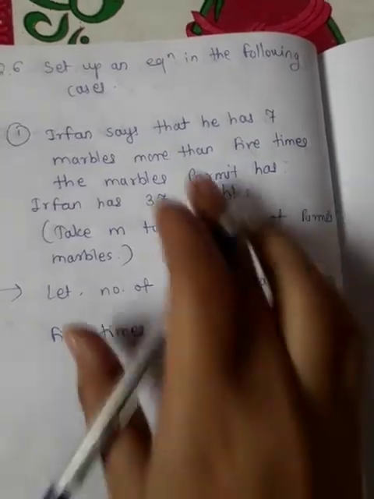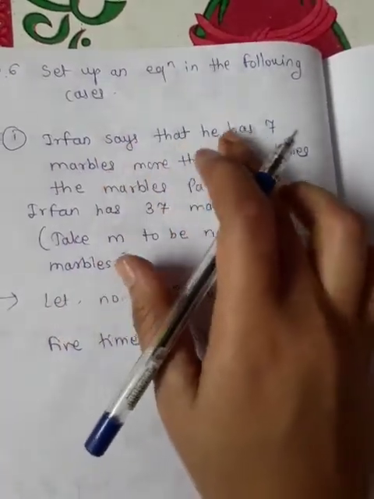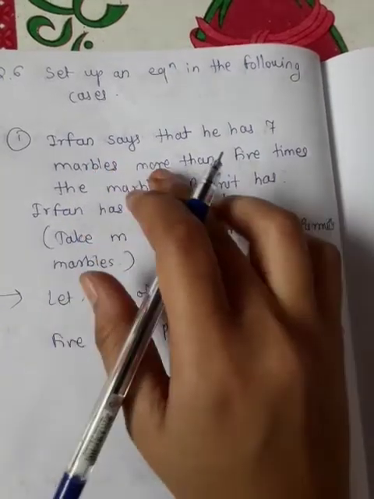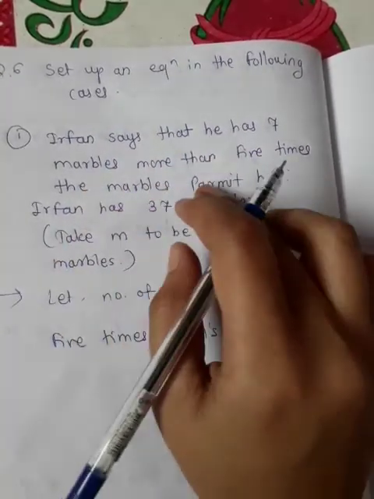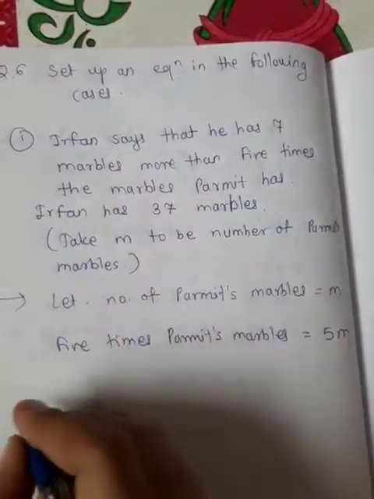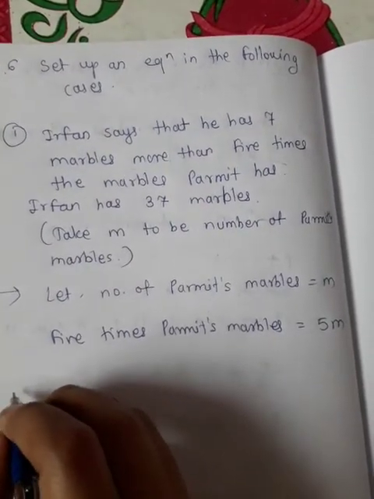Okay, now let's form an equation. Here Irfan says that he has 7 marbles more than 5 times the marbles Permit has. Means what?